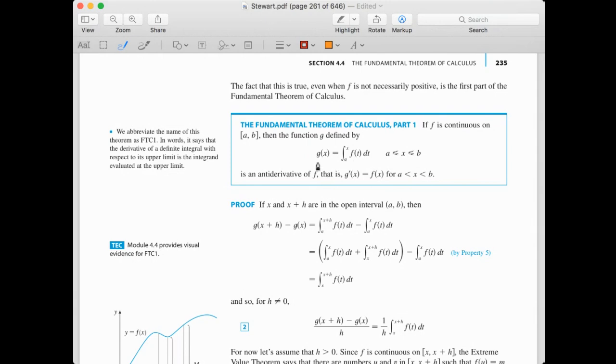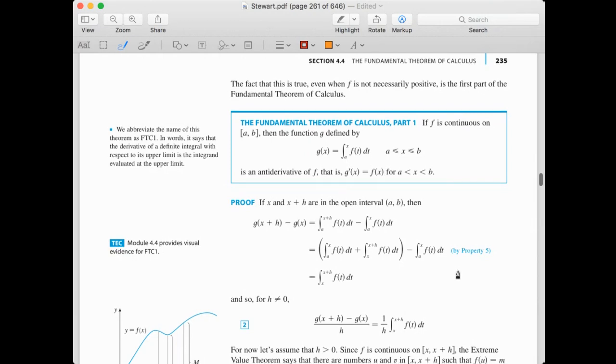Then we could conclude that g prime of x equals the integrand. The derivative of g is the integrand, with the changing variable. The integrand is a function in terms of t, now we're writing it as f of x. So g prime of x equals f of x.